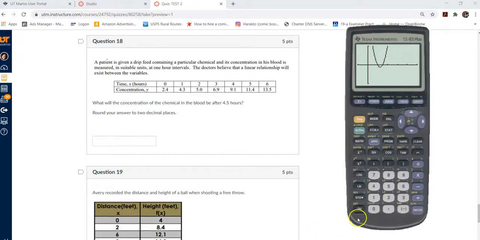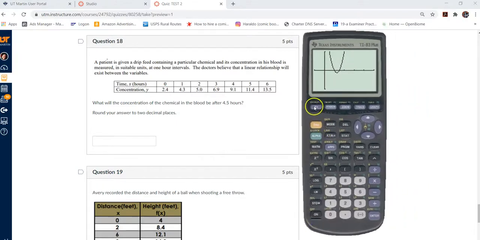Okay, so I'm going to need to clear that. And then I'm going to need to clear out 2 lists. Okay, and so over here I'm going to have my X row.